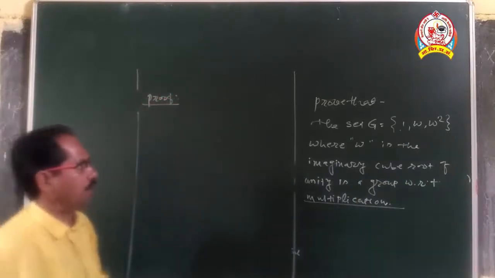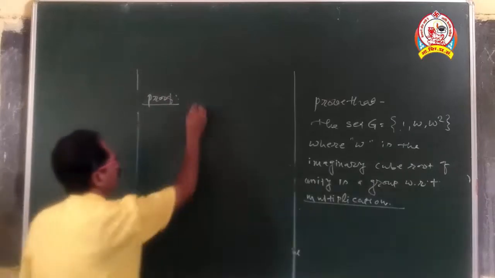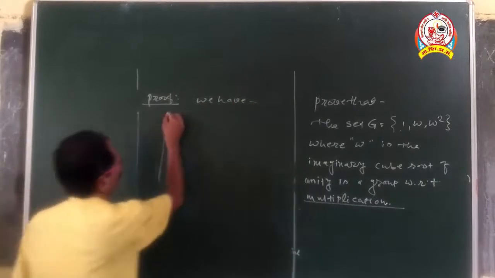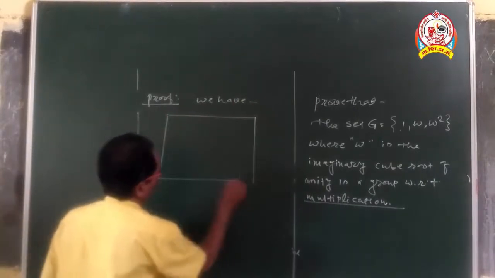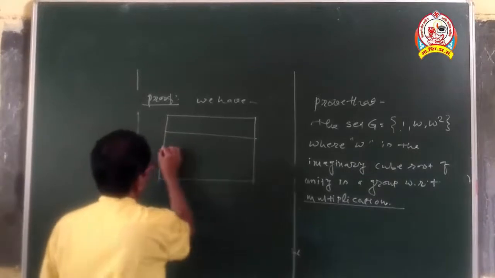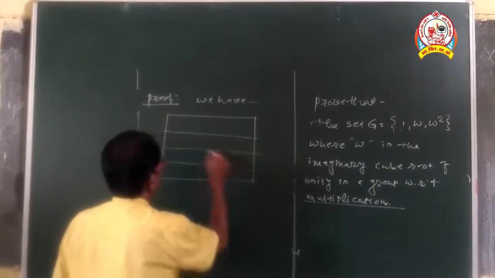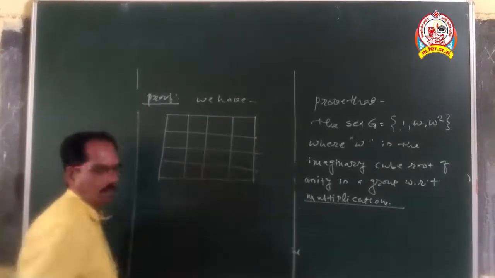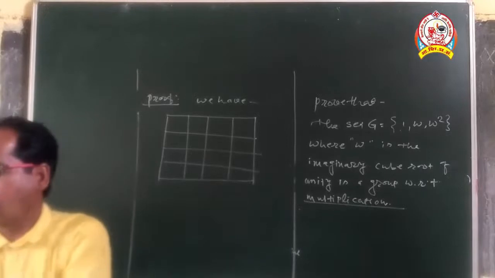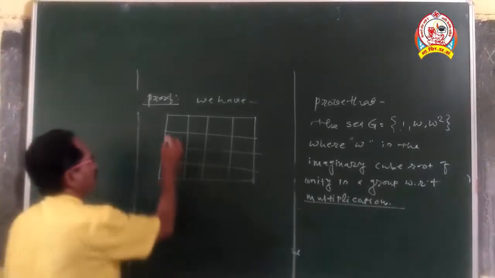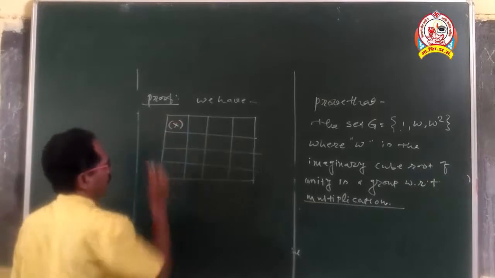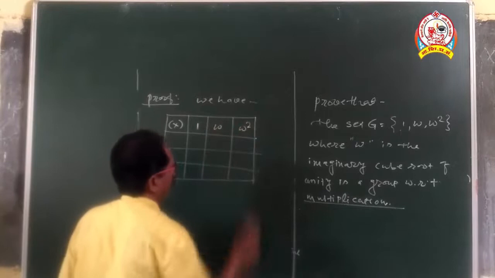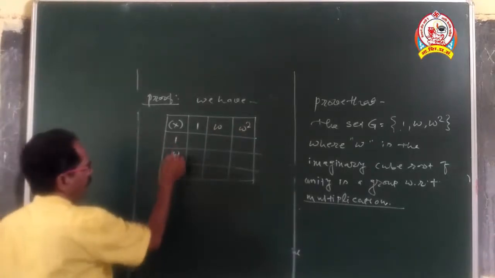First we construct a table. Our binary operation is multiplication. We have given the set {1, omega, omega square}. Also we write 1, omega, omega square.